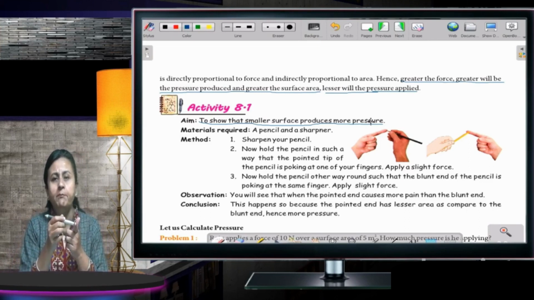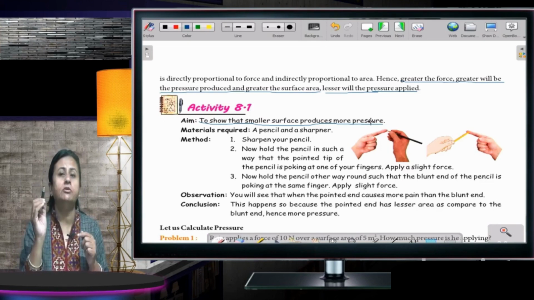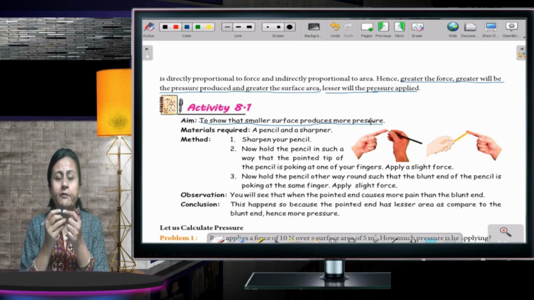Why? Because it is blunt from the side. When it's pointed, the area is smaller, so the pressure is more. If the area is broader, the pressure would be less.